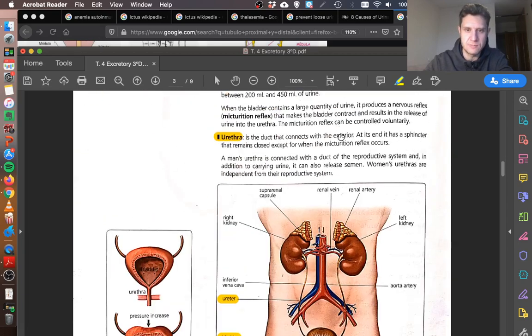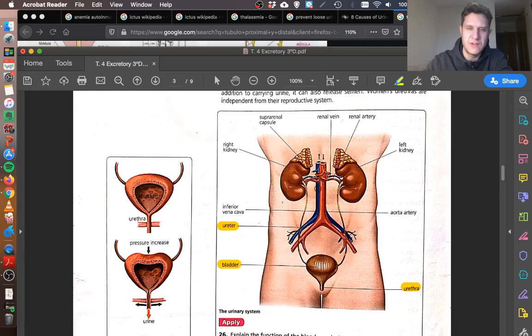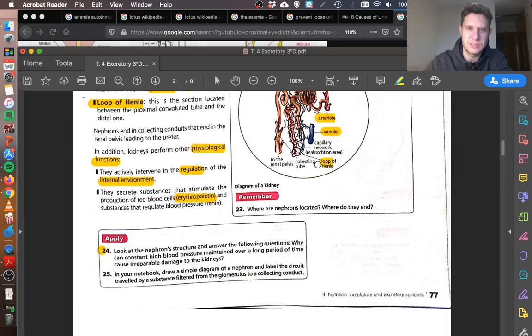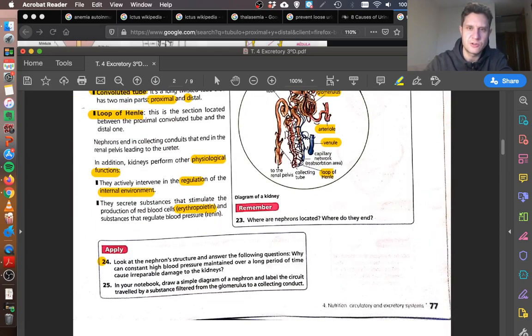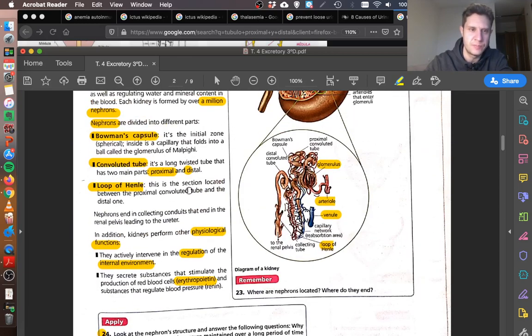Arterioles and arteries and veins. And the veins have a specific function here to extract water and salts from this convoluted tube. And the loop of Henle. The loop of Henle is this.